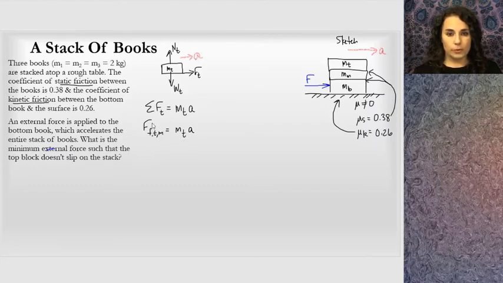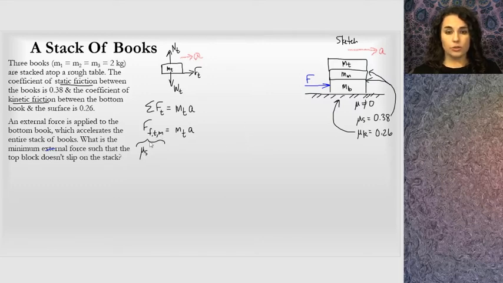Well, let's write out what we know for the friction force. The friction force has to be the normal force times the coefficient of static friction. And I'm going to note that this is static friction because what is the minimum external force such that the top block doesn't slip? We do not want slipping between the middle block and the top block, which means that they're in a static situation, and therefore we need to put static friction into this equation.